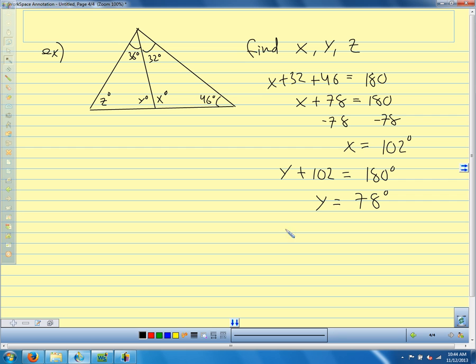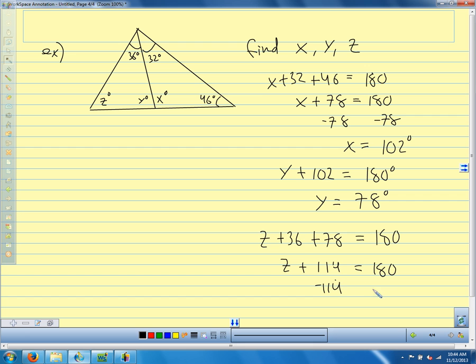180. So z plus 36 plus 78 has to equal 180. So z plus 114 equals 180.